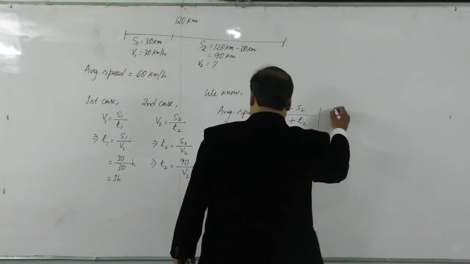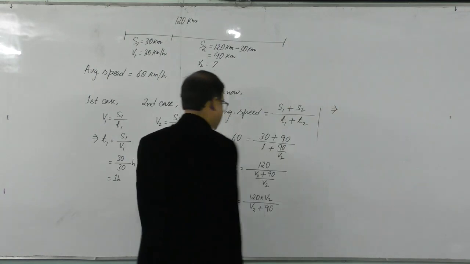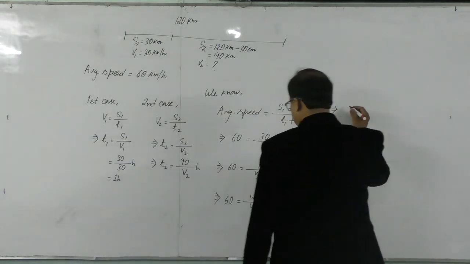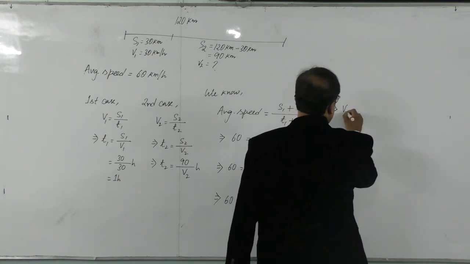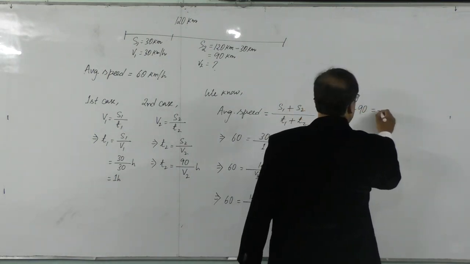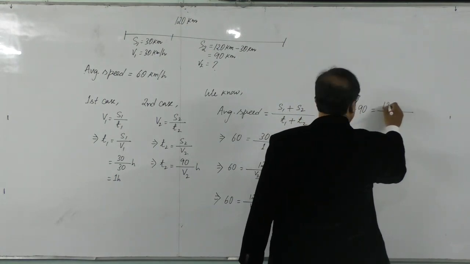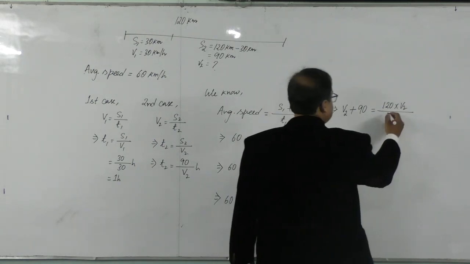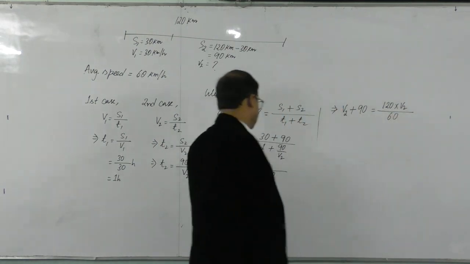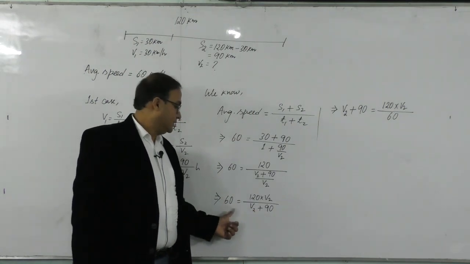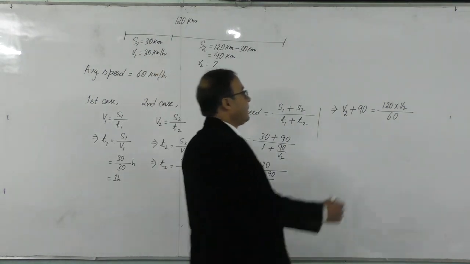In the next part, we can further simplify it. We can write like this: V2 plus 90 equals 120 into V2 by 60. We simply transpose V2 plus 90 here and 60 in the denominator.